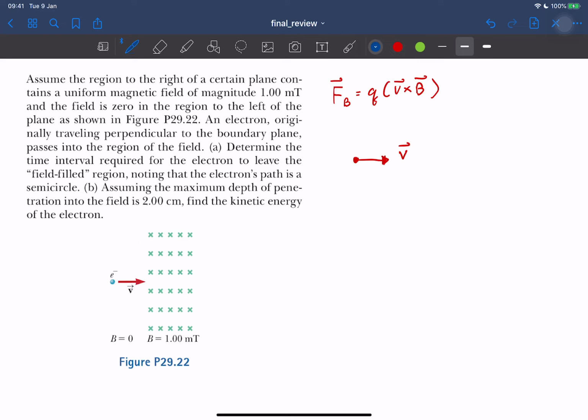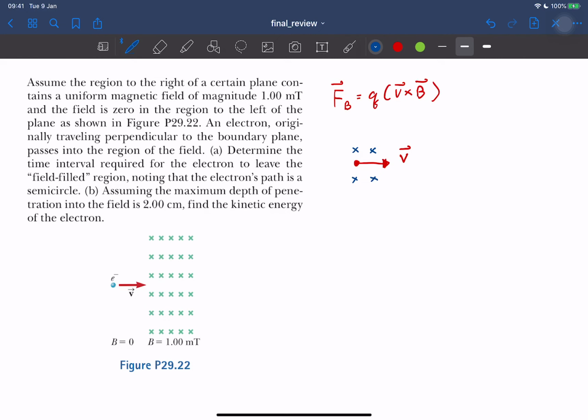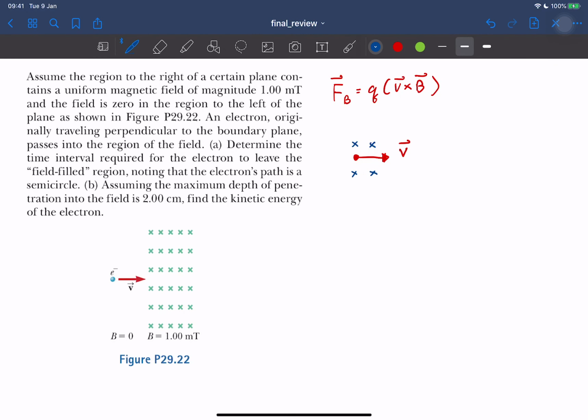The magnetic field is into the page. So you need to use your right hand rule to figure out which direction the force is. And remember that the electron has negative charge, so you need to flip the direction of the force after you have done the right hand rule. Okay, so again, please convince yourself that the force on the electron is going down.